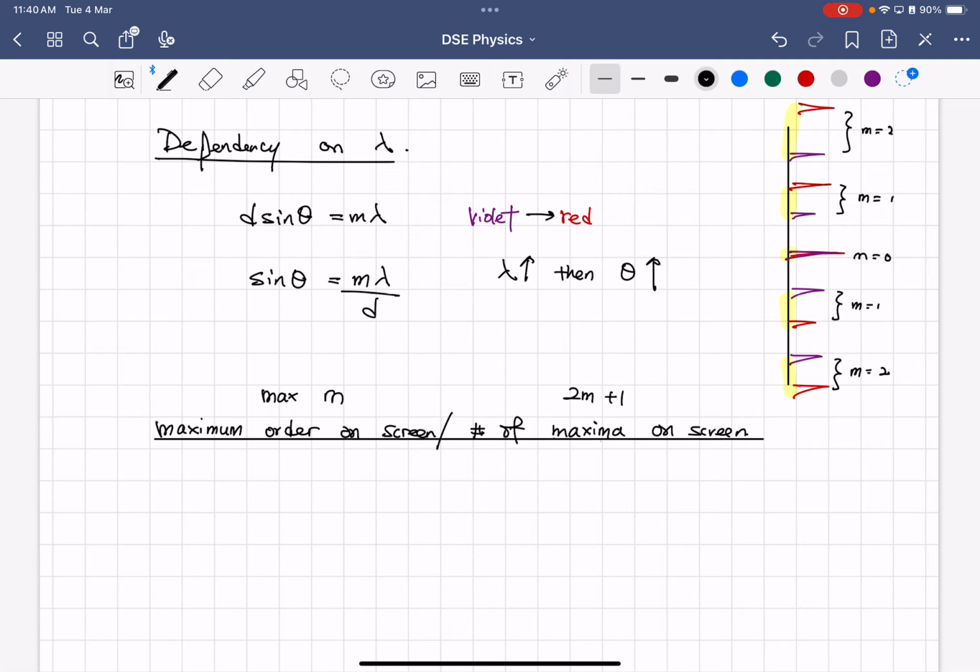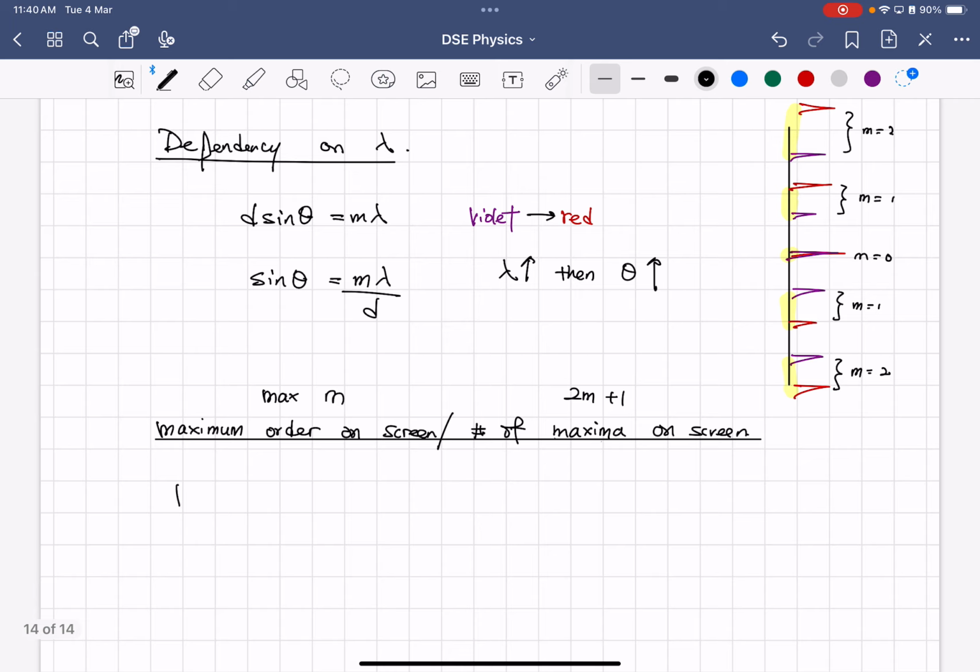This is also a very common type of question. What they use is they recall one very important mathematical fact: sine theta is smaller than or equal to 1.